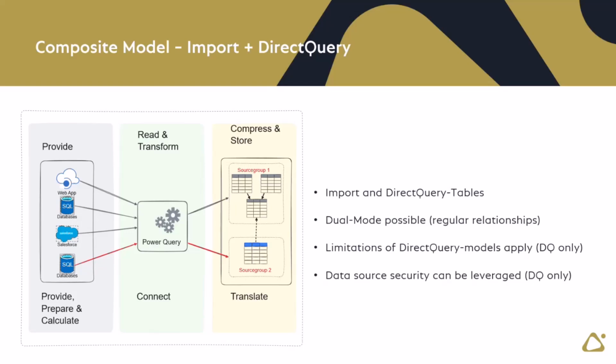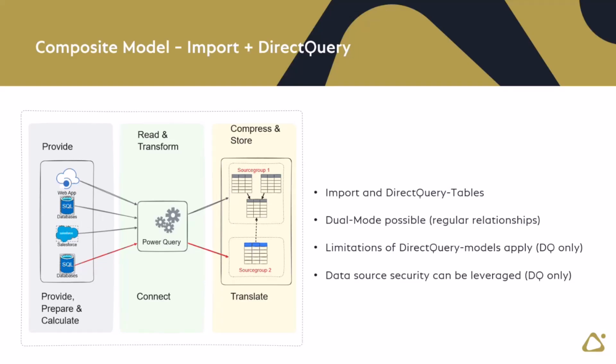This option is only available if the import data source and the direct query source are the same database, same server. By using dual mode, we are giving Power BI the flexibility to decide if the query should be executed in Vertipaq or in the direct query engine, and can therefore use, in both cases, regular relationships.